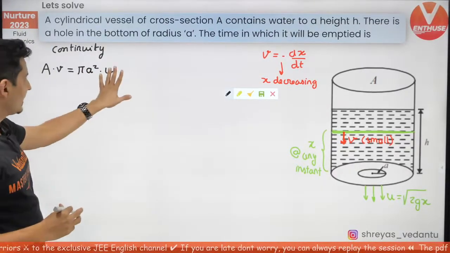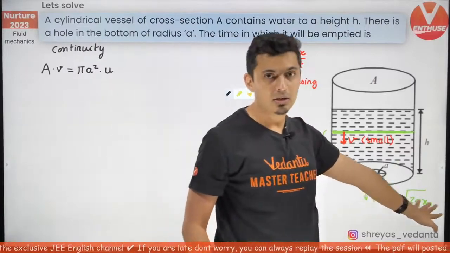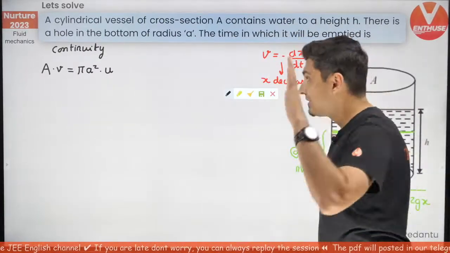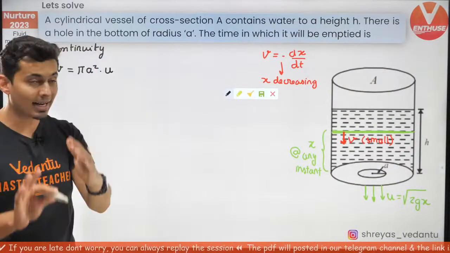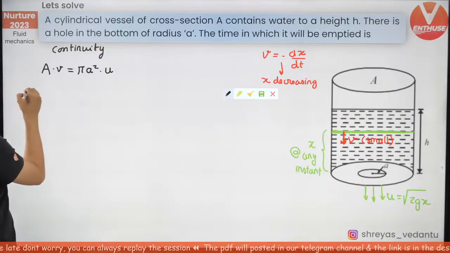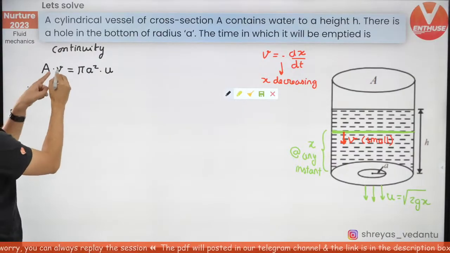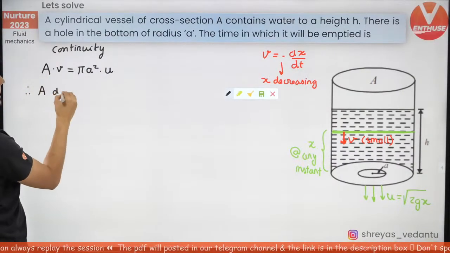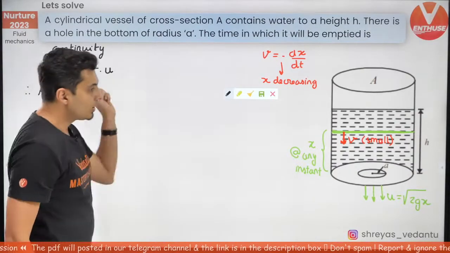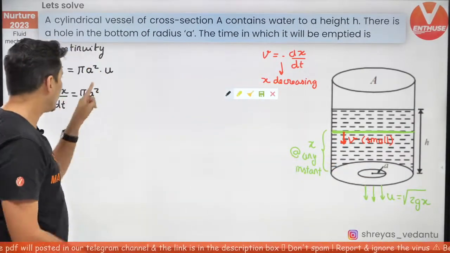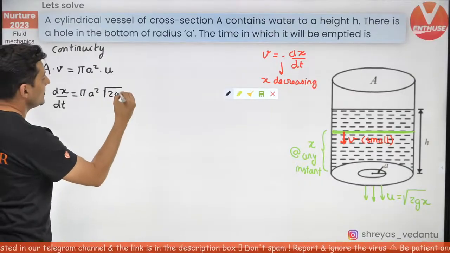Perfect. That's all I have done. I have just used the continuity equation. Let's start substituting all these and see what we get. So we get A into minus dx by dt is equal to pi a square into u, and u was root of 2gx.